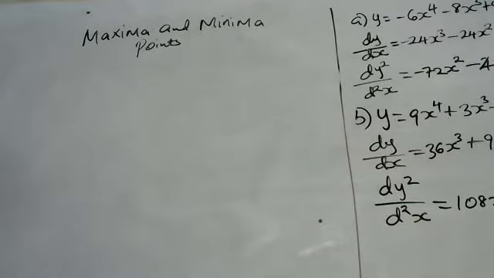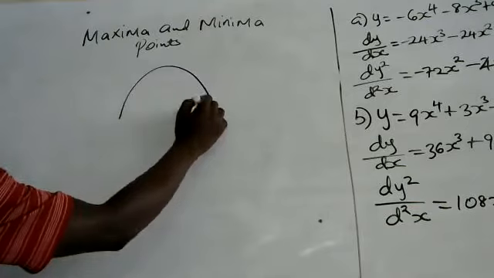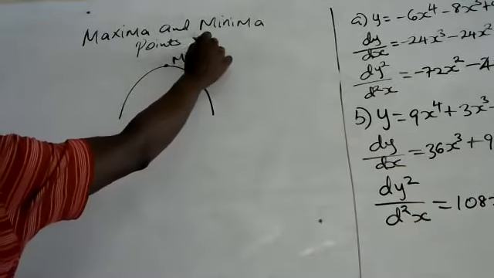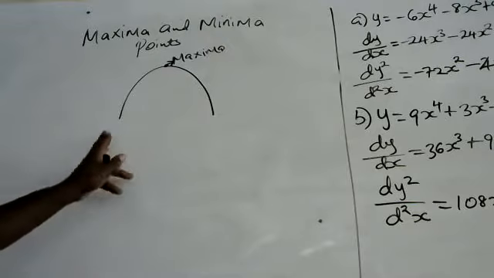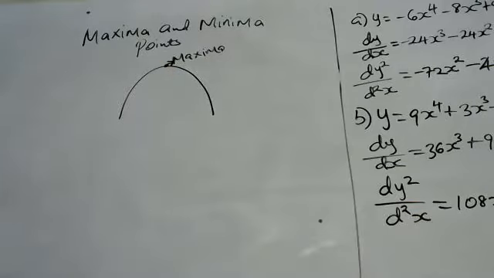It is represented as follows. So that point there is what we call the maximum. It is the highest point the curve will go. It will go up, up, up. It reaches that point, and now it starts turning downwards. That is the maximum point.